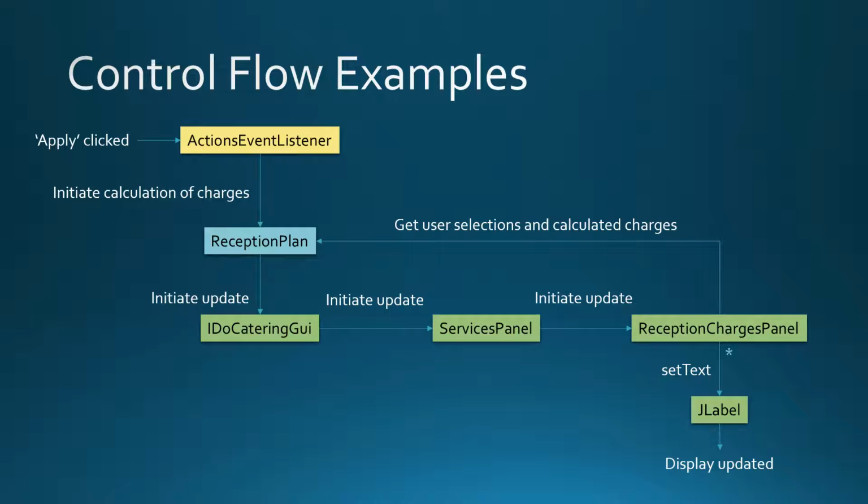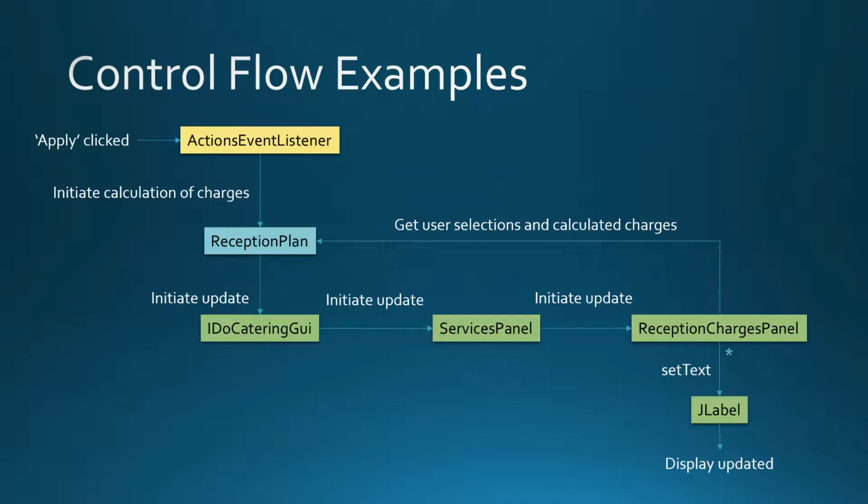But what's it going to do? Well, the reception charges panel consists of a bunch of JLabels. And so what it needs to do is modify the text in the JLabels which show the dollar amounts. Well, in order to do that, it needs to ask the reception plan for those charges.